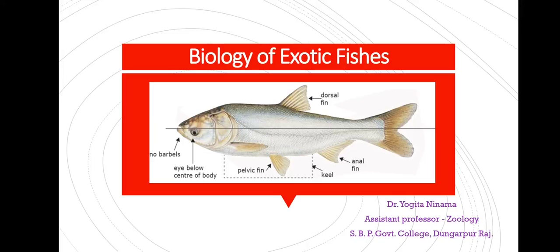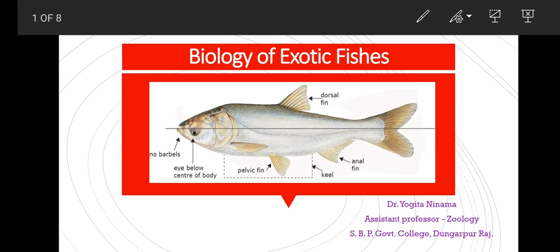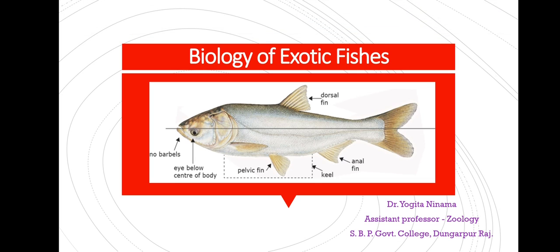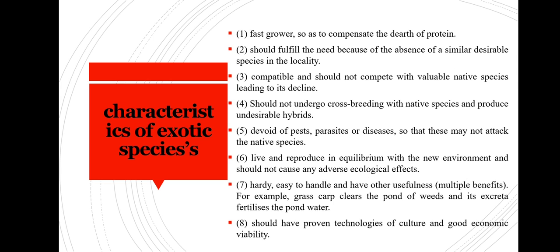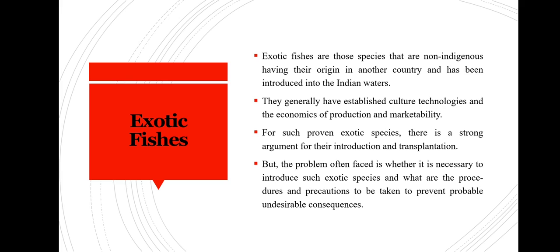First, we describe what exotic fishes are and their examples. Exotic fishes are those species that are non-indigenous. Non-indigenous means they are not native, having their origin in another country, and have been introduced into Indian waters.